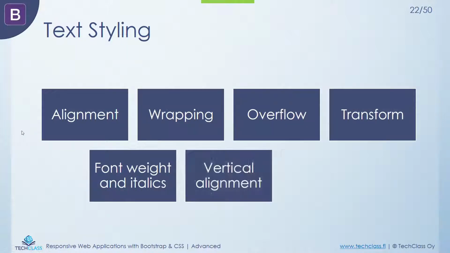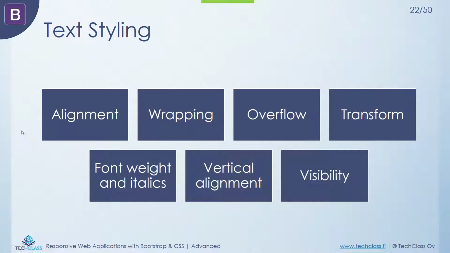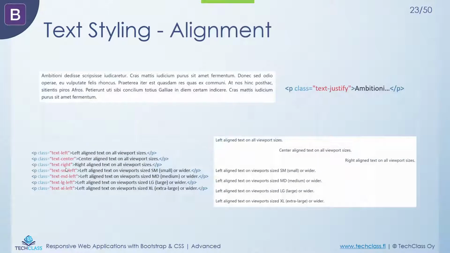And also, as we discussed earlier, now a bit deeper about text styling, we have alignments, wrapping, overflow, transform, font weight and italics, vertical alignment, and visibility. We are already familiar with most of them, but let's go through them.